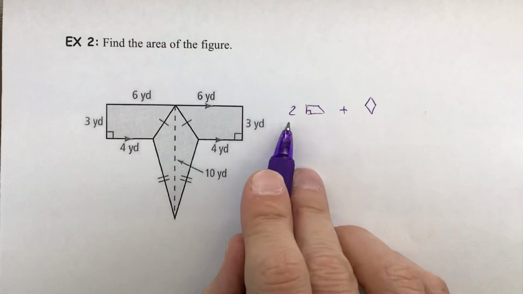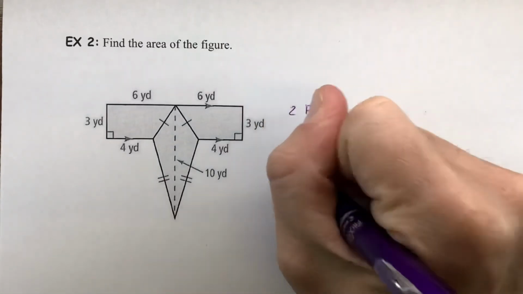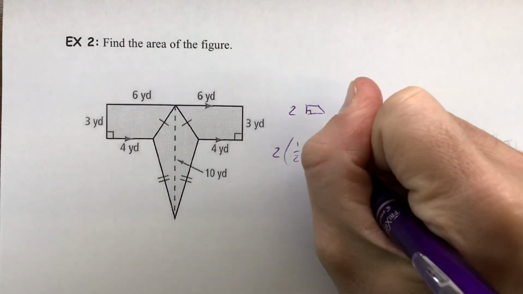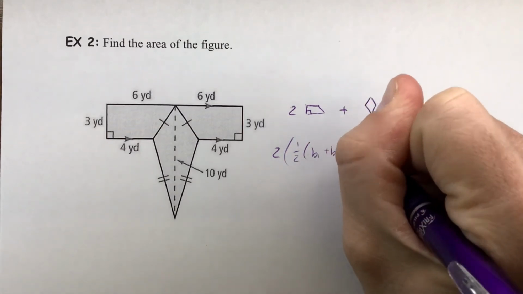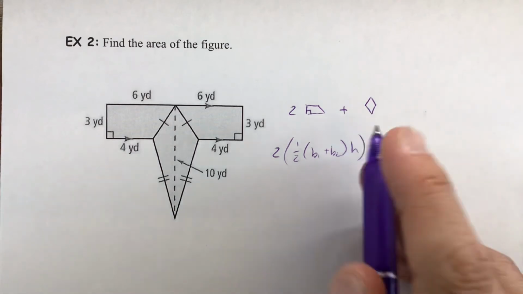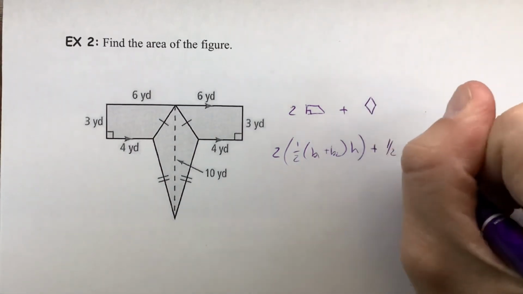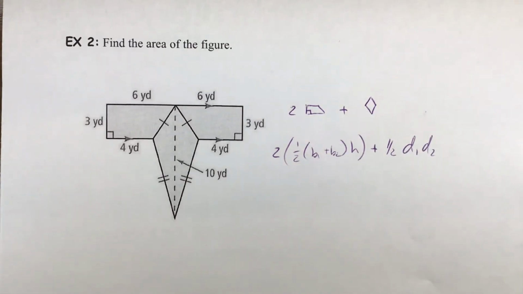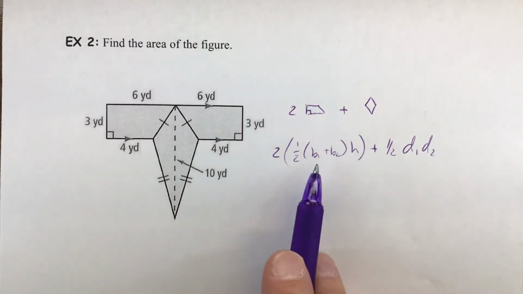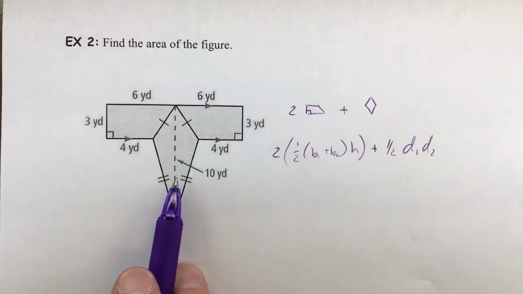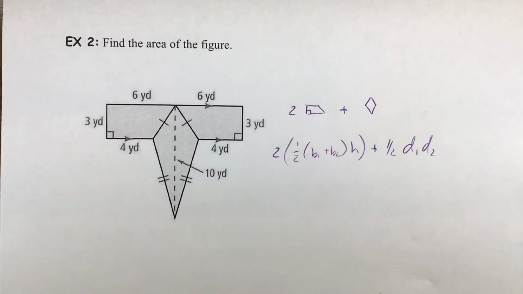Okay, to calculate the area of the trapezoids, each of those will be 1/2 the sum of the bases times the height. Okay, that would be one trapezoid times 2. We also have the kite, which is going to be 1/2 diagonal 1 times diagonal 2. And what's neat about this is that it shows us all the values that we need. And if we can get all of those values from the picture, then we can complete this expression and have an answer.